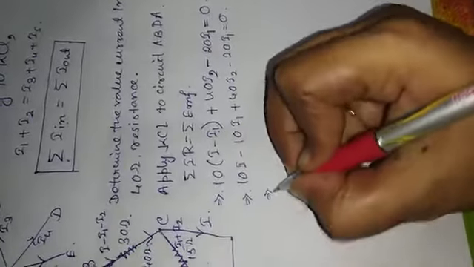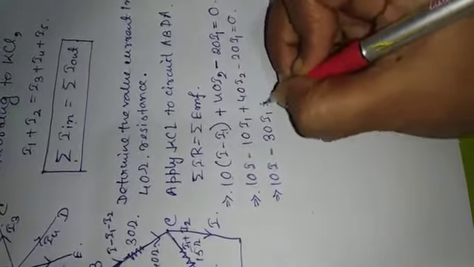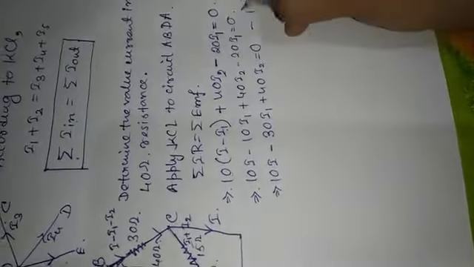Yes. 30 I1 plus 40 I2, that will be 0. So it is my first equation. Clear? Now I am applying it to BCDB.